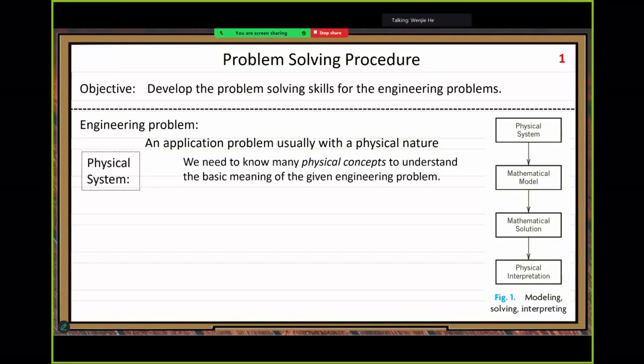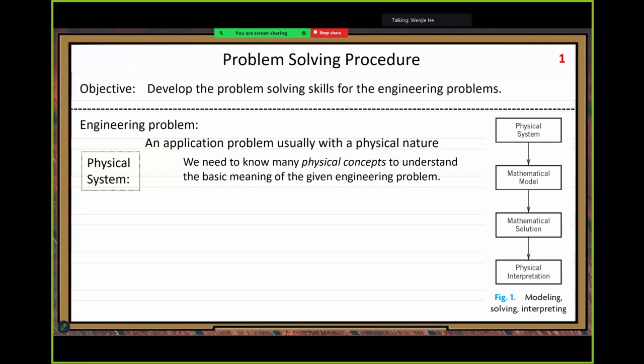From the given problem, we need to know the related physical concepts, and the physics background you need to use to understand the environment, that system. That background knowledge is important, but we do not need too much.